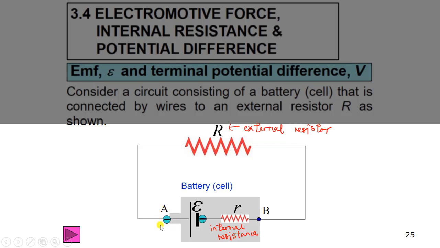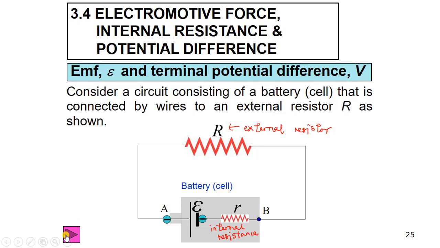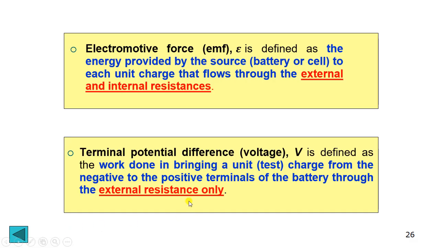That one we call terminal voltage. Maksudnya voltage antara dua terminal battery yang across external resistance only. So voltage that is across the external resistance only, that one you call terminal potential difference.